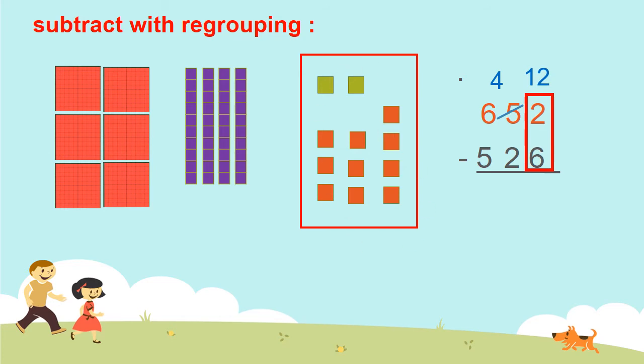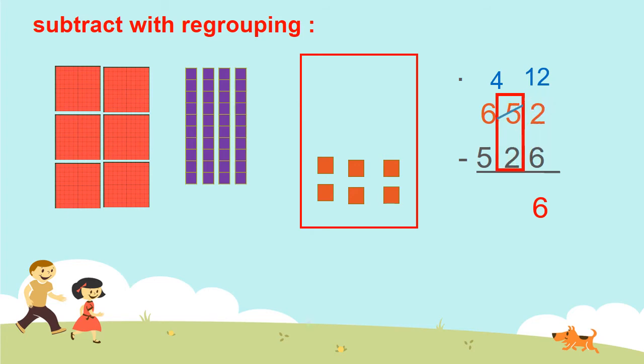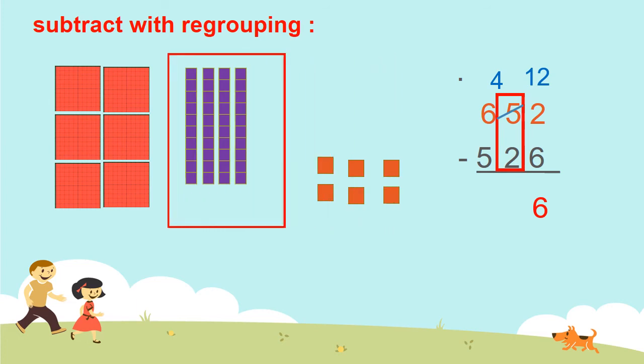Yes, now I have 12 ones. Let's take away the 6. These are the 6. I'm going to remove them. How many do I have left? 1, 2, 3, 4, 5, 6. So we have 6 left. Or we can count from 6 to 12. Okay, now I have 4 in the tens.